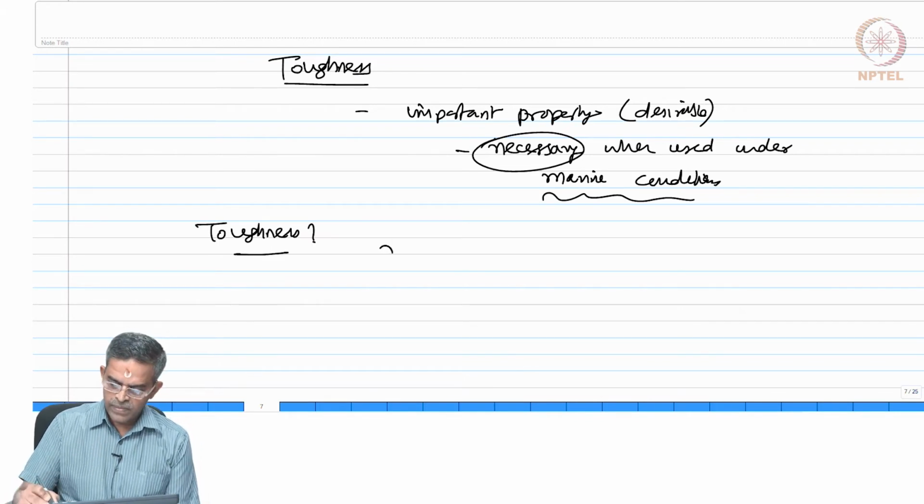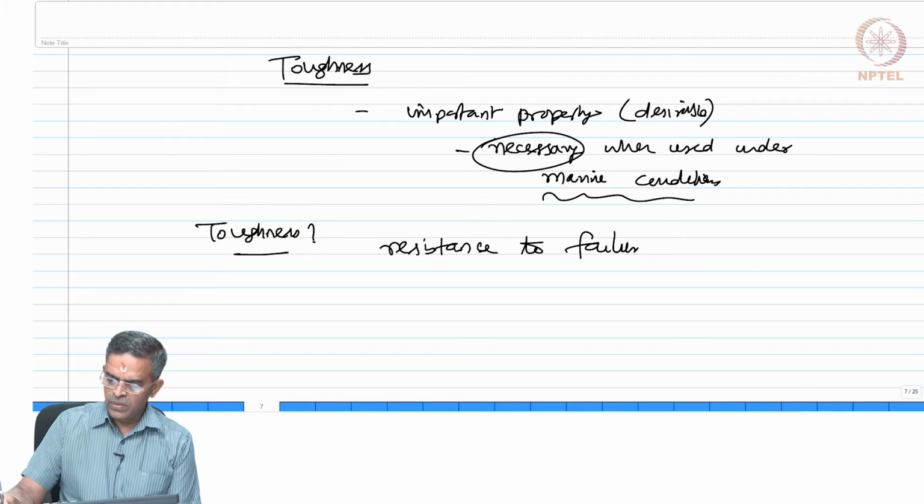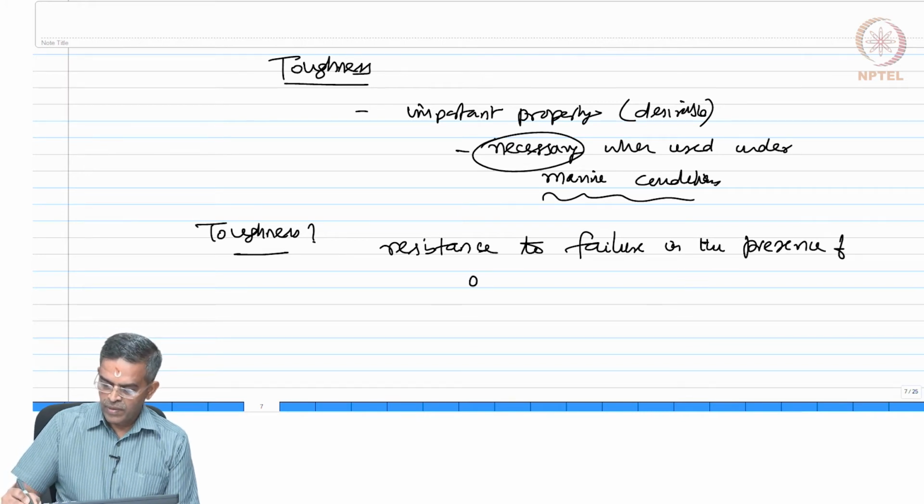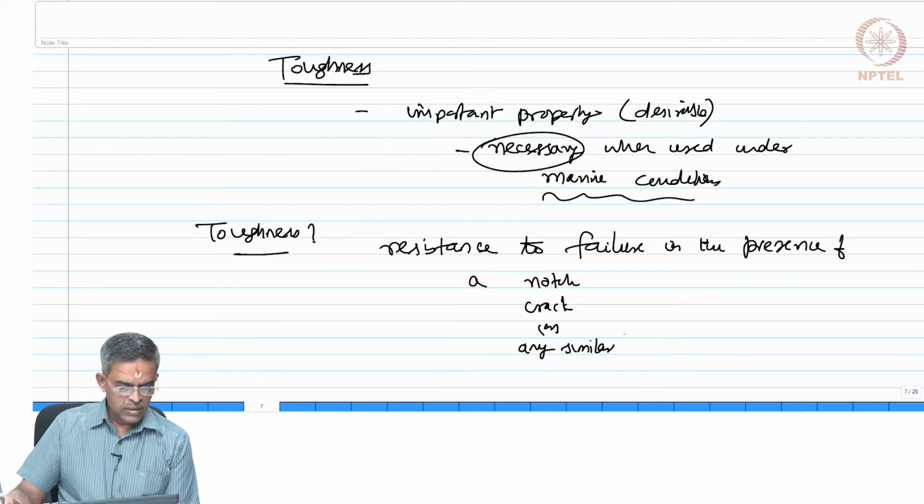Toughness is described as resistance to failure in the presence of a notch, a crack or any similar stress concentrator.